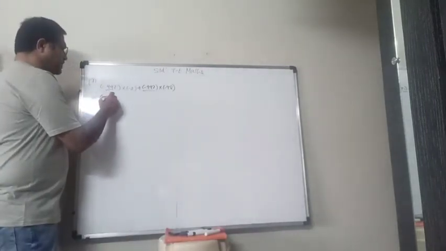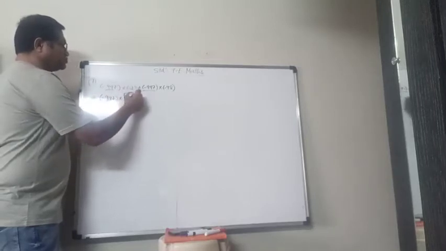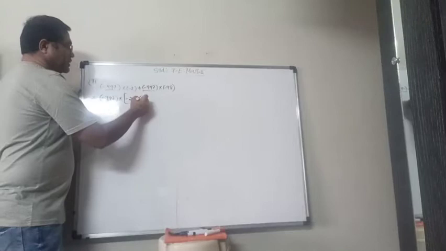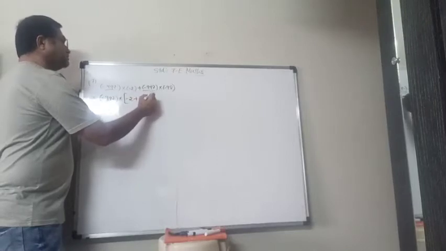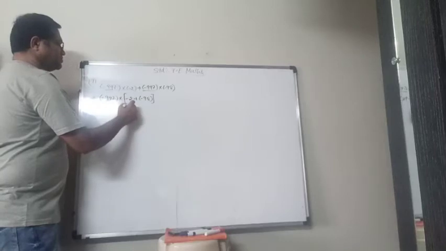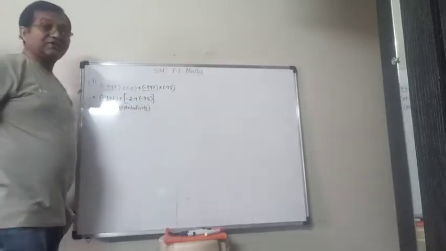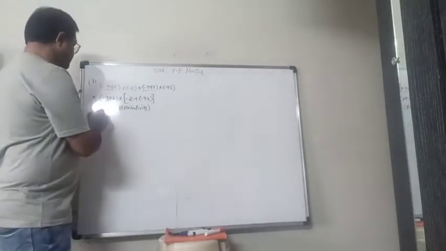So minus 997 multiplied by minus 2 plus minus 98, using the distributivity. We are using the distributive property here.